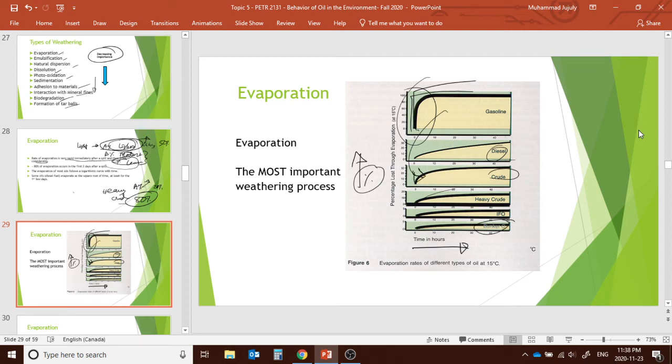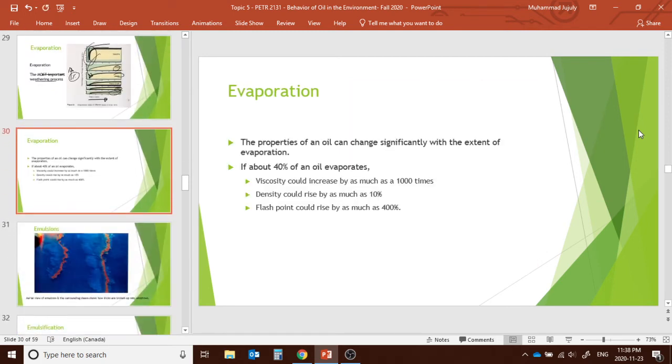For bunker oil or IFO, which is the heaviest, the evaporation rate is even smaller. So this is a very important graph to show how evaporation works for different types of oil. And evaporation is the most important weathering effect.